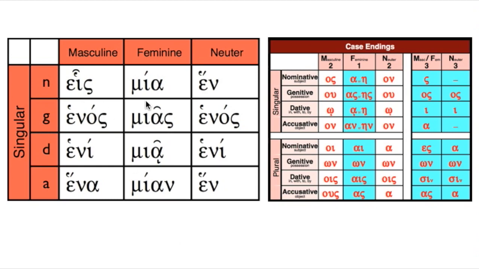Okay, so heis, mia, and hen we saw were the masculine, feminine, and neuter forms in the nominative case. In the genitive, henos, mias, and henos, okay? So that tells us we're following the 313 pattern. Notice in the masculine, we have heis and then henos, heni, hena. In the feminine, mia, mias, mia, mian, like this, a, as, a, an, right?